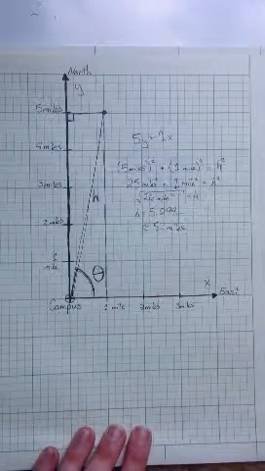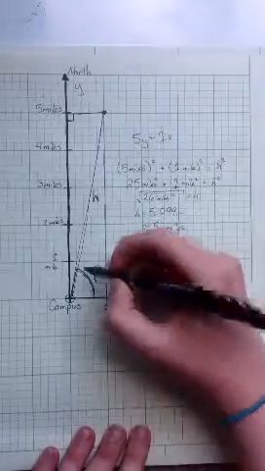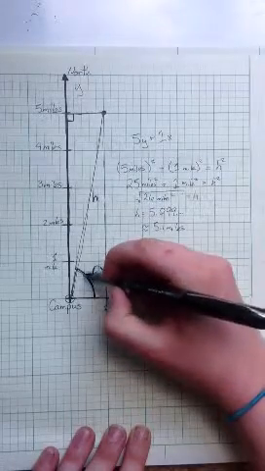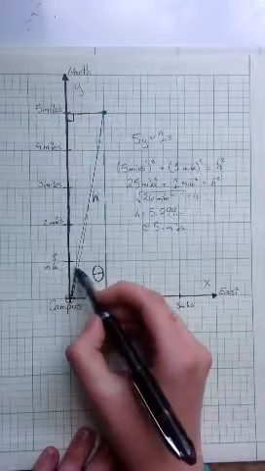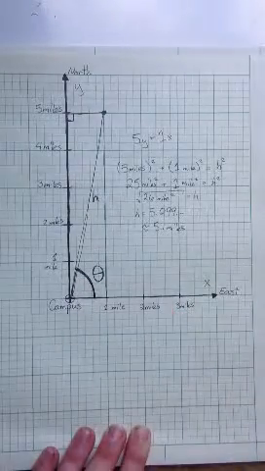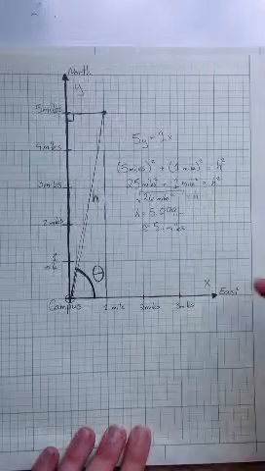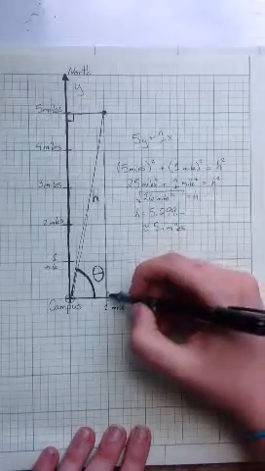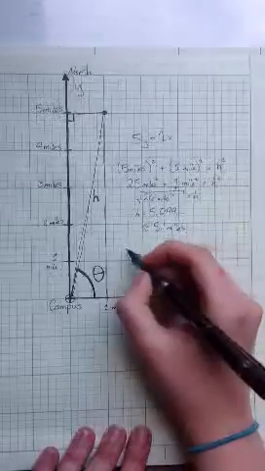I recommend always trying to find off of the x-axis, whatever angle touches the x-axis. And I'm going to show you in just a moment why that makes it easier. Even if you are looking for this angle right here, I still recommend finding this one first. You're going to be finding tangent with this because you've got the y direction, which is opposite, and you've got the x direction, which is adjacent.